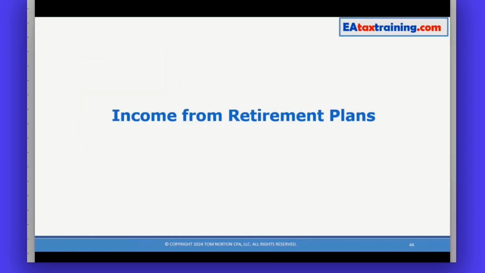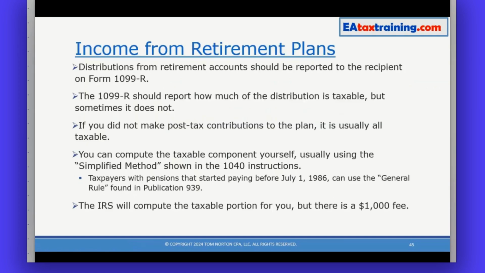We're now going to move on to income from retirement plans. So we've talked a little bit about this when you get distributions from IRAs, but of course you can have income from other retirement plans at work or from other places you may have a retirement plan, the military, etc. So let's talk about those.